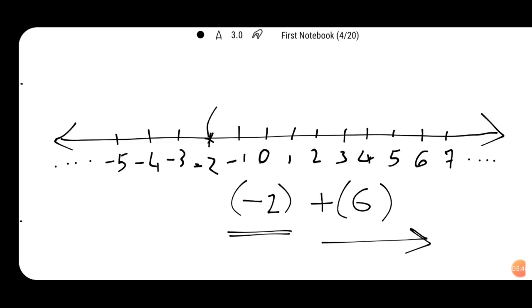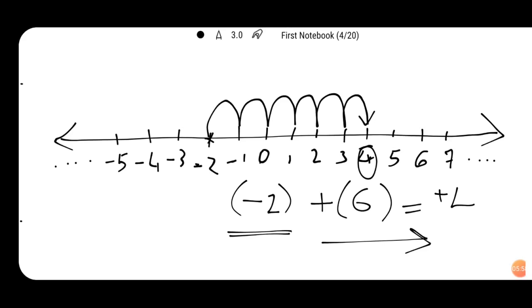From here, 1, 2, 3, 4, 5 and 6. Where have we reached? Yes, the answer is positive 4. So if we add 6 to negative 2, our answer is positive 4.